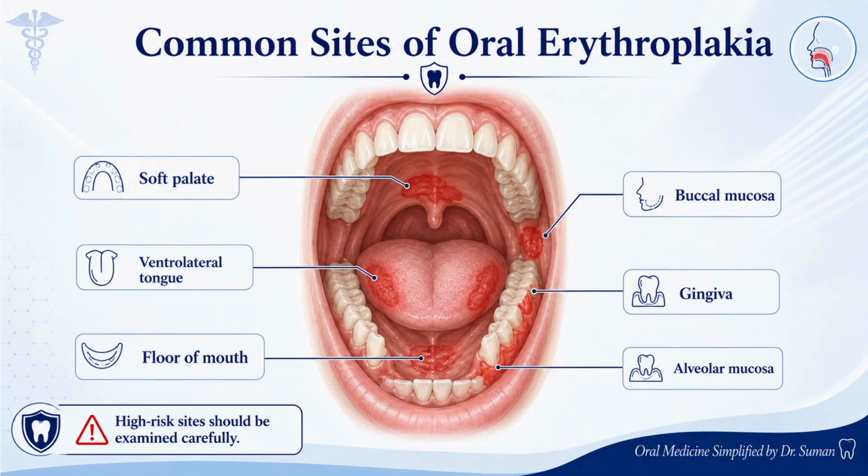Therefore, a complete oral mucosal examination is essential. Do not restrict the examination to teeth and gingiva. Examine the buccal mucosa, tongue, floor of the mouth, palate, alveolar mucosa, gingiva, and oropharyngeal region systematically. A suspicious lesion can be missed if the examination is rushed.